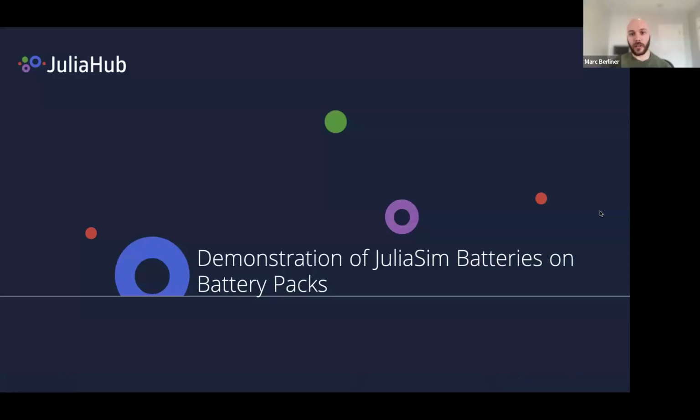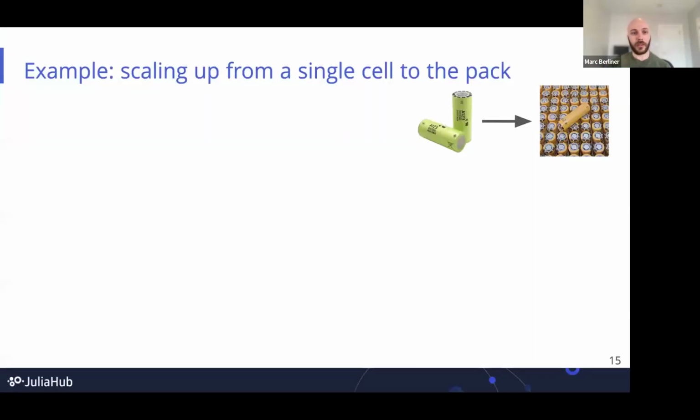Okay, so I'm going to be demonstrating again this 1,000 cell battery pack with JuliaSim batteries. To give an example, let's say we're trying to scale up from a single cell all the way to the pack. So we want to take this prototype 1,000 cell battery with 25 in series and 40 in parallel.